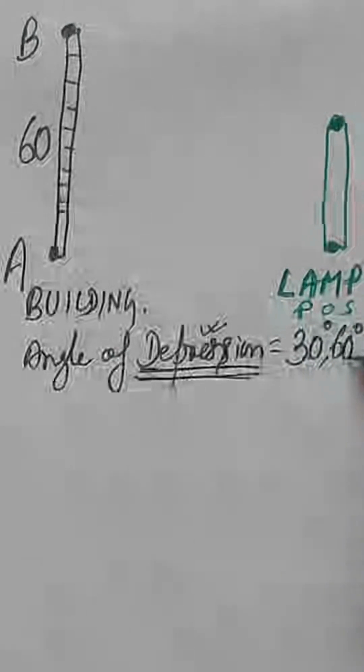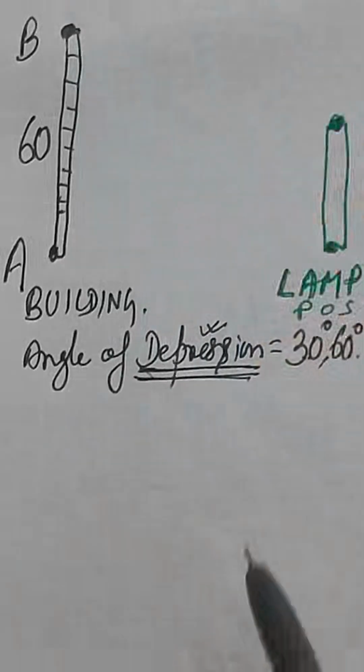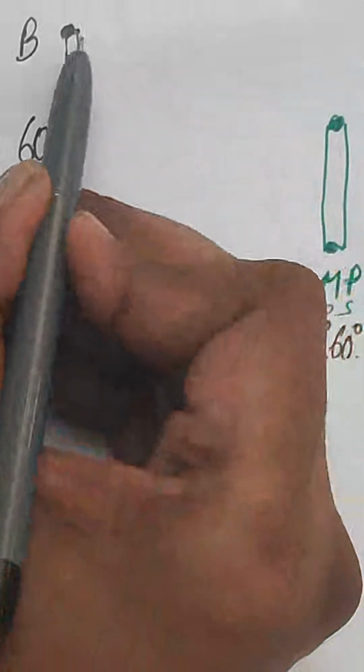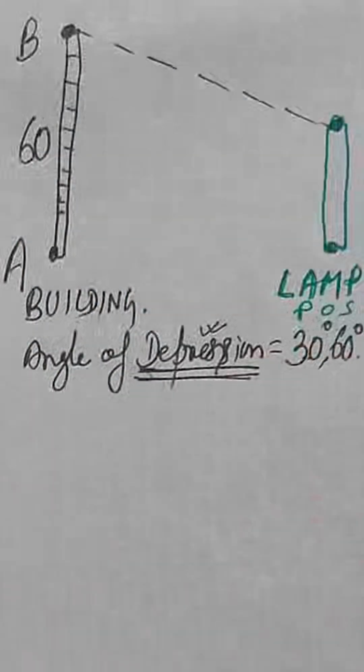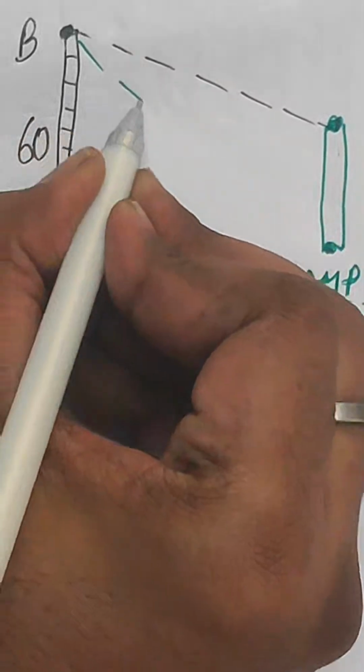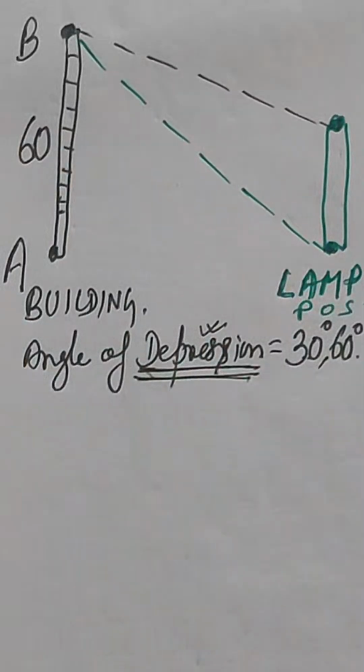So 30 degree and 60 degree from the top of this building will be forming like this, this one, right? And another, this one.